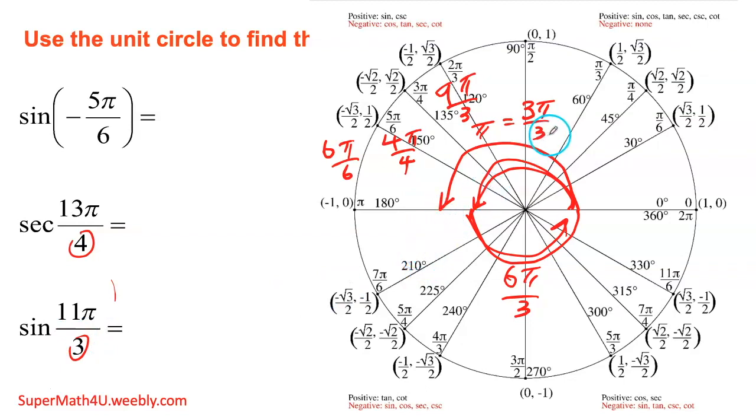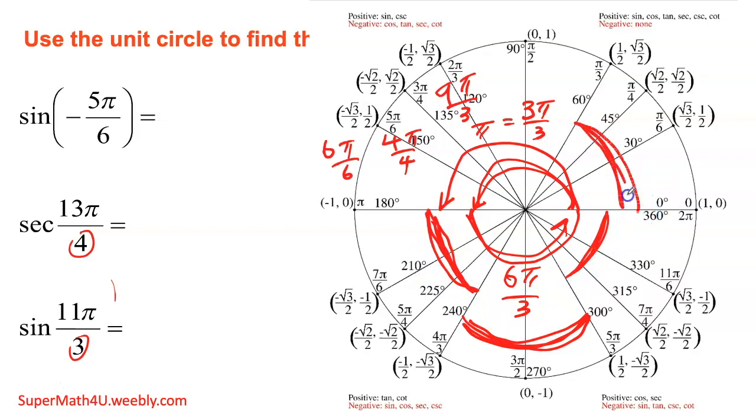So this is 9 plus another 2. Pi over 3 is 60 degrees. From here to here is pi over 3. And another pi over 3 is this, another 60 degrees. And my last 60 is this: 60, 120, 180, right? Look at the top, 60, another 60, that's 120, and another 60, that's 180.